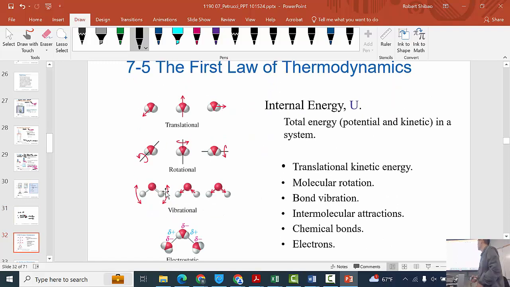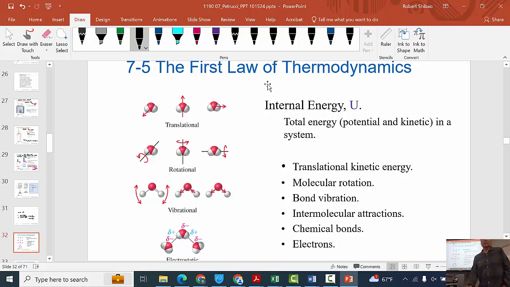All right, so what we want to do is be able to make predictions. We don't want to have to measure everything. We want to avoid having to do calorimetry experiments for everything we know. It'd be much nicer just to be able to predict things.